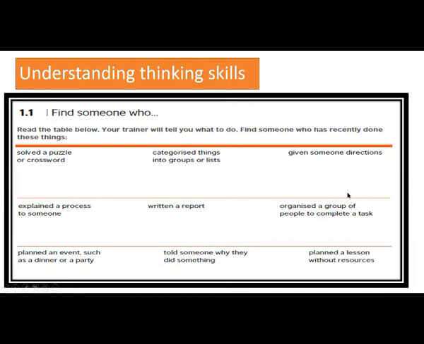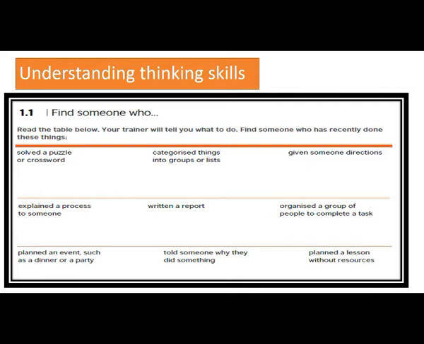For example, you can ask them, have you ever solved a puzzle or crossword? Have you ever given someone directions? If Ahmed said yes, write the name of Ahmed under solved a puzzle or crossword, until you complete the whole table, if possible.